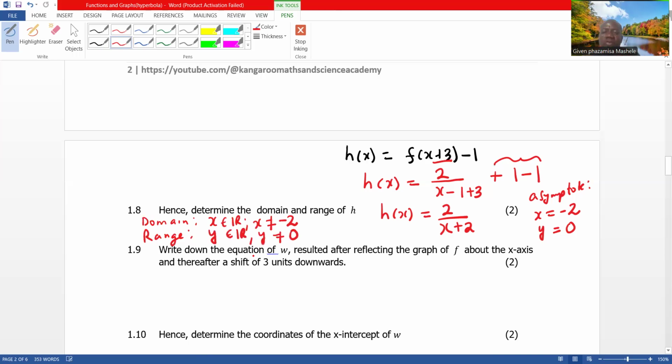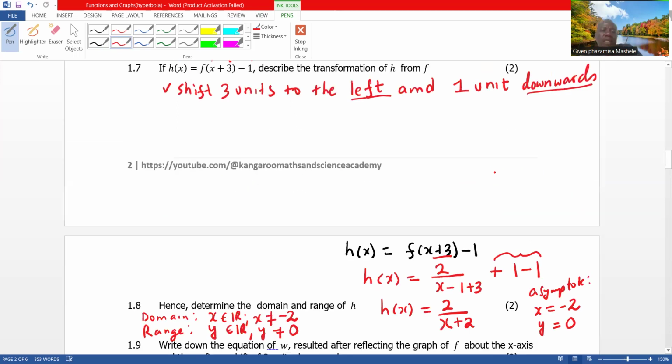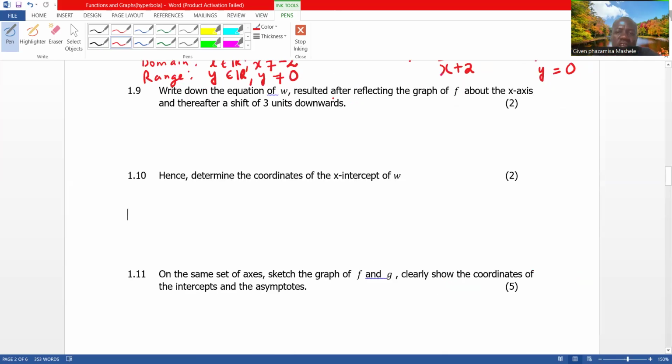So this is what we're supposed to do. We have to find the equation of h by transforming f. I believe you're following. Then 1.9 says, write down the equation of w resulted after reflecting f about the x-axis and thereafter a shift of 3 units downwards.